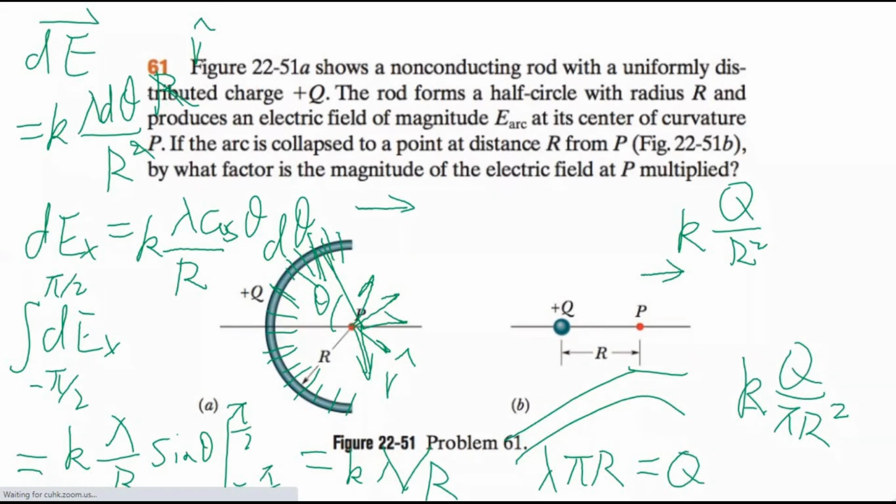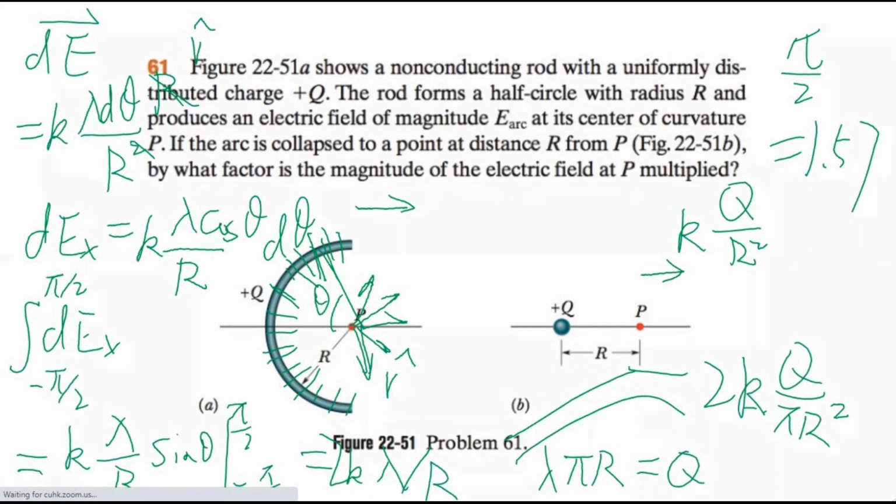Oh, there is an additional 2 times here, because the integration makes a 2. So that's 2 times, and then you can make the ratio. The final ratio is pi over 2, which is about 1.57, so that would be the factor of the magnitude of electric field multiplied.